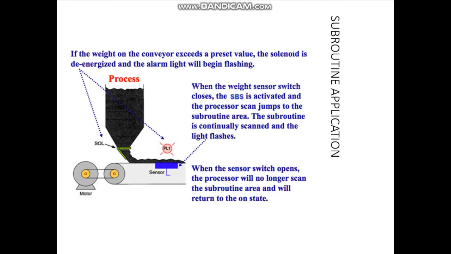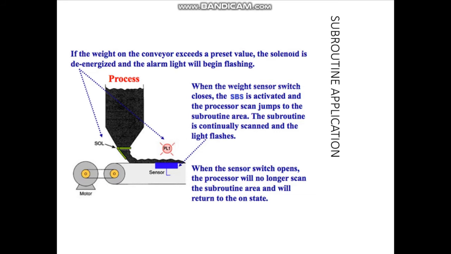So as it is dispensed from the tank, you will have the light flashing as the material is conveyed throughout the conveyor. Now, if the weight on the conveyor exceeds the preset value, the solenoid is de-energized, and de-energized basically means the tank will turn off and the alarm light will begin flashing.